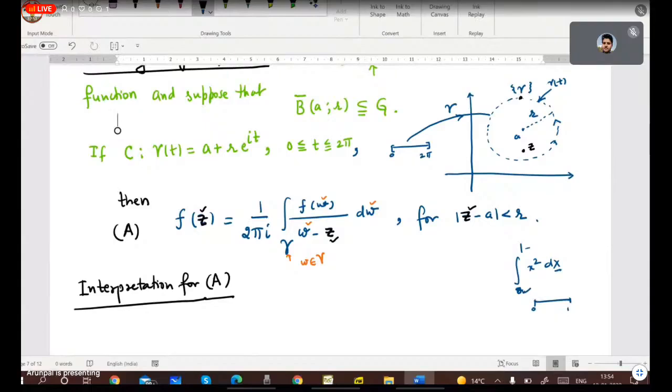Because you are taking the integral over this path, these points are on this path. The points on this path are w.